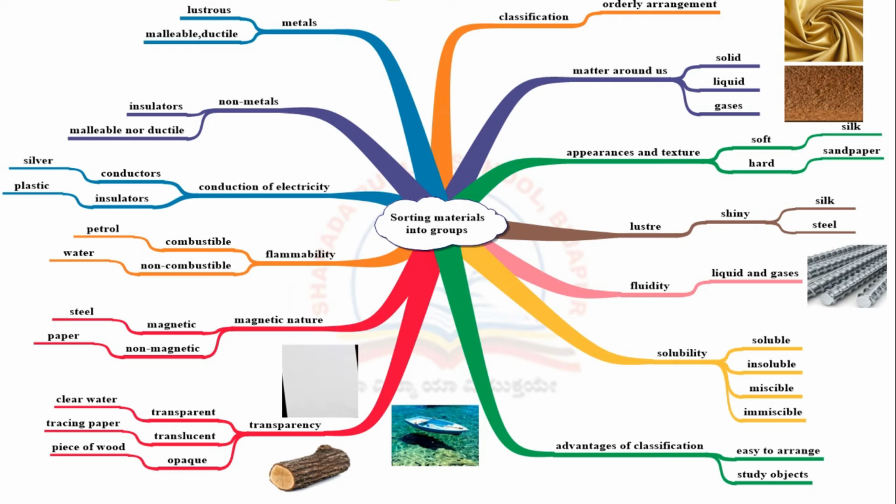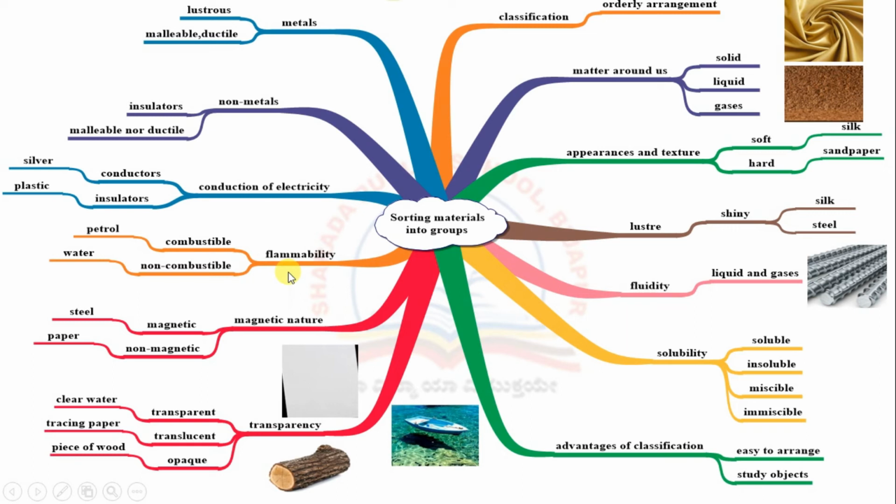Let us learn about magnetic nature. Magnetic materials. Materials that are attracted to magnets are known as magnetic materials. Example, steel. Non-magnetic materials. Materials that are not attracted to magnets are known as non-magnetic materials. Example, paper. Flammability.